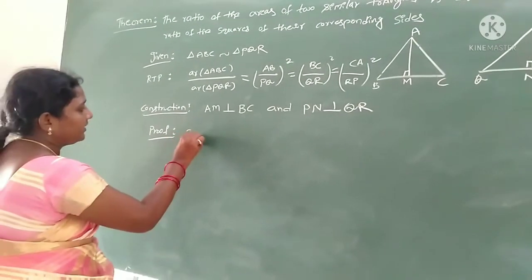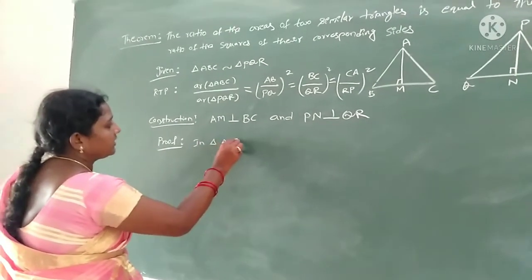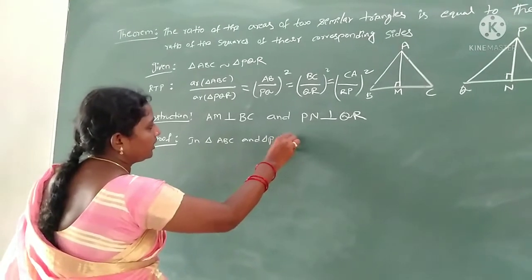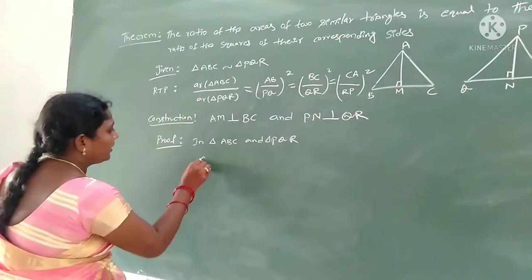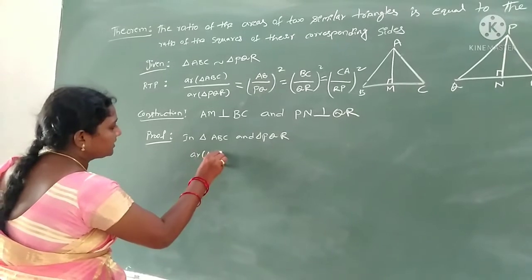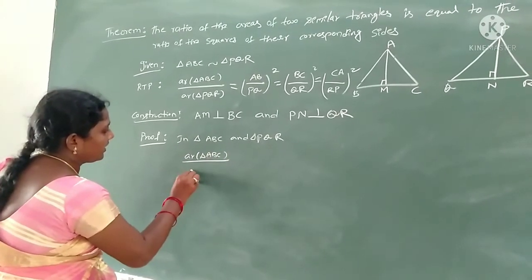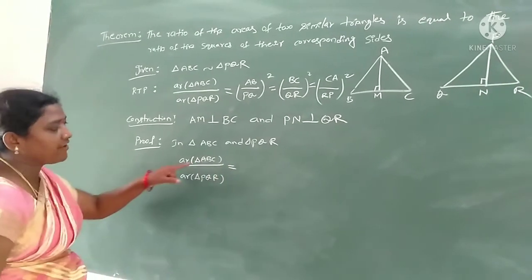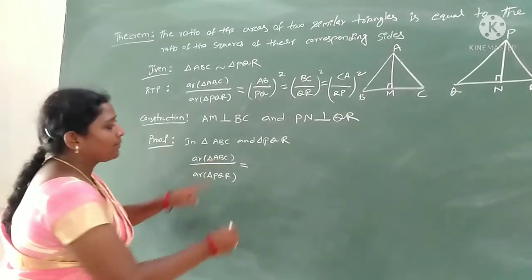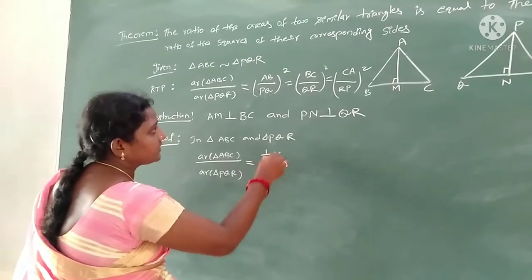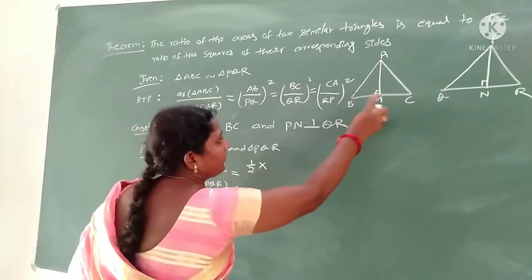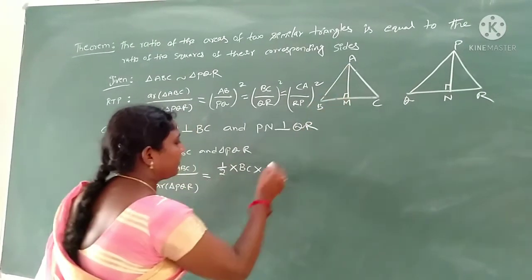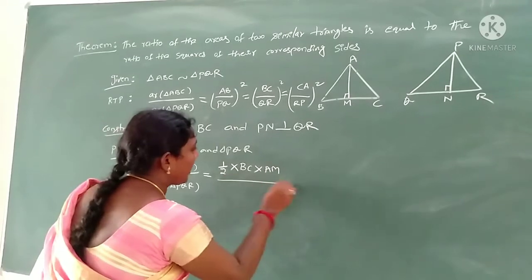In triangle ABC and triangle PQR, area of triangle ABC by area of triangle PQR equals half into base BC into height AM for triangle ABC.